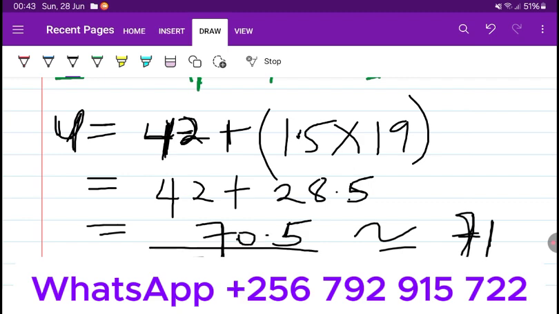Now, any number that is above 71 is an outlier, meaning that it will be an extreme value on the right hand side. In other words, in the positive values, it will be the highest. So any value that will exceed 71 will be an outlier.